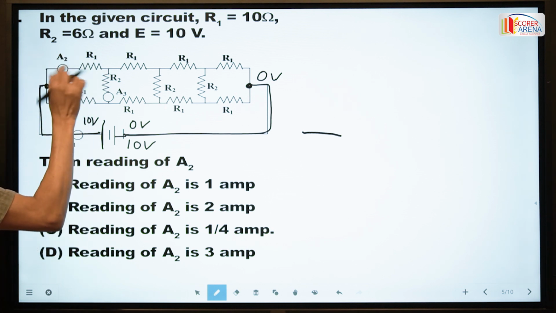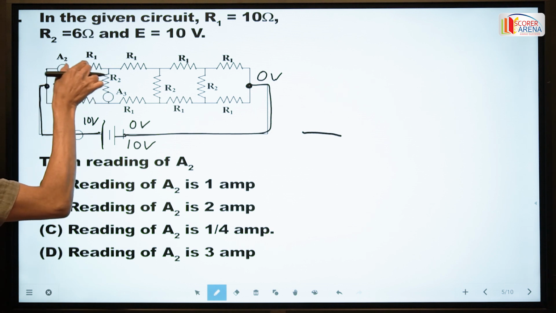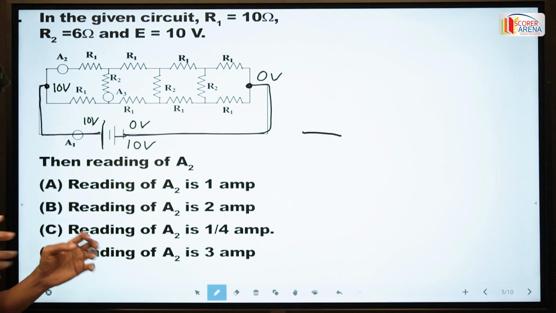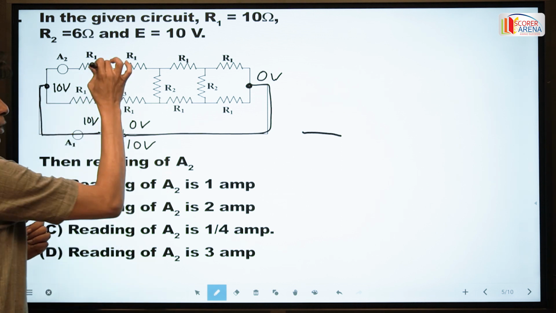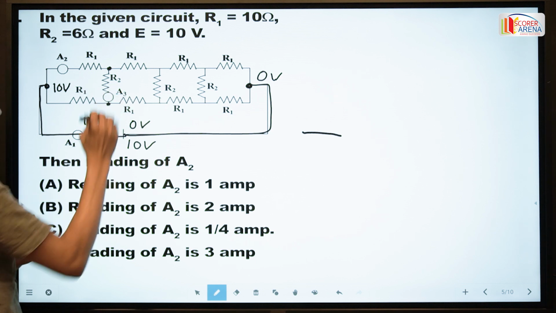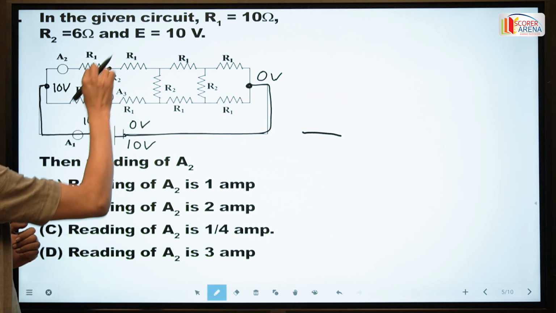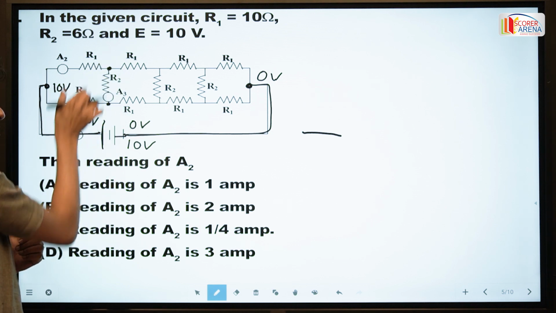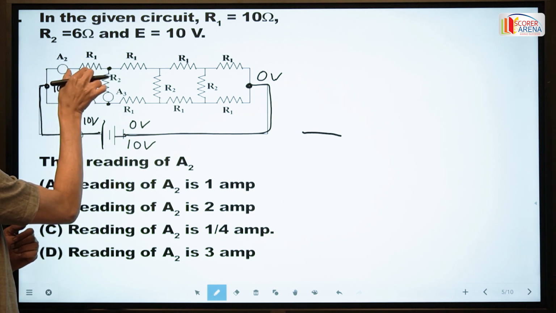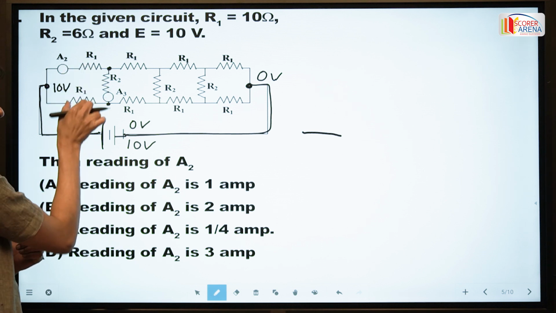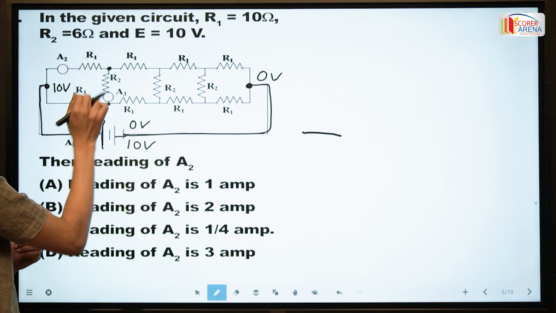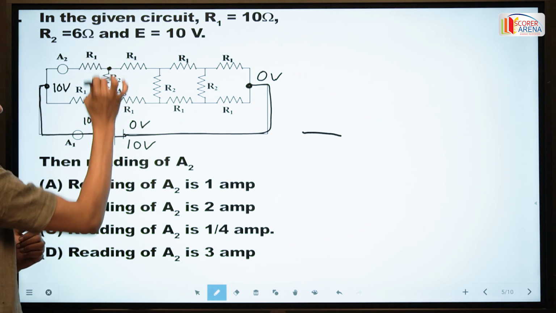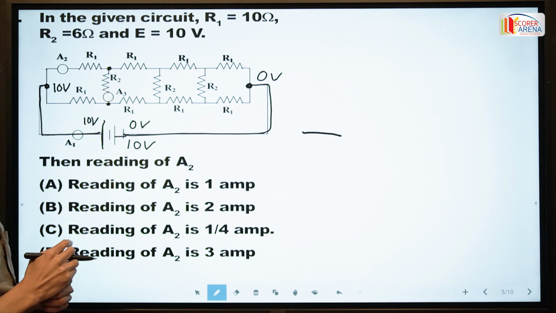I don't know what the potential drop is here, but the potential drop in this resistance R1 and in this resistance R1 are equal. So the potential of this point and this point are equal, because the drops in the upper part and lower part are equal.